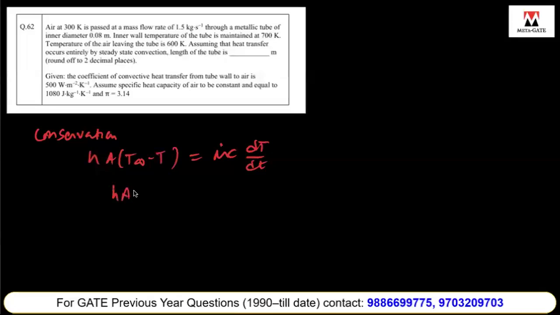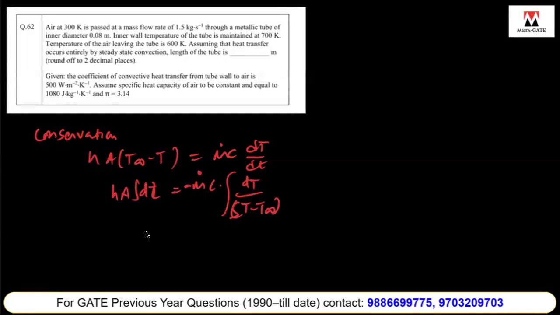So, applying conservation of energy, the convective heat transfer is hA into (T minus T infinite), and this is equal to m C dT by dt due to mass flow rate. So the integral of hA dt is equal to m dot C into integral dT by (T minus T infinite).